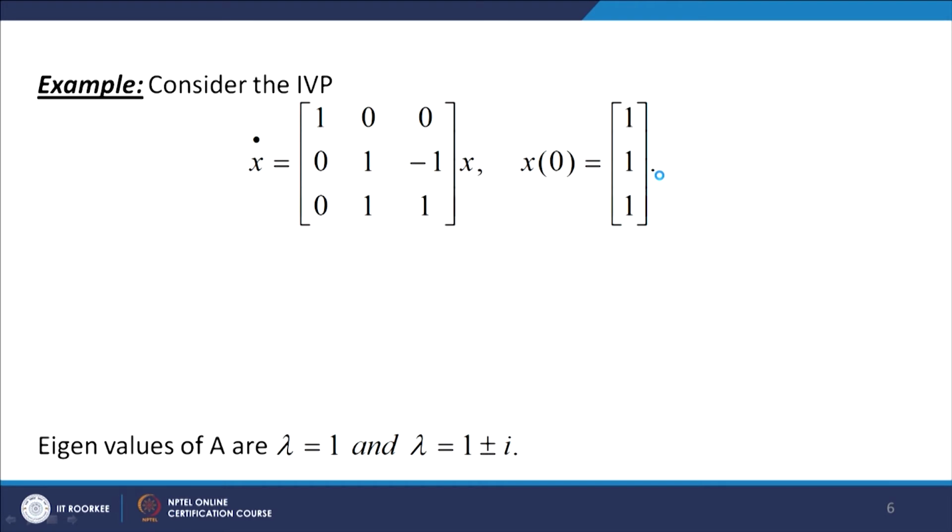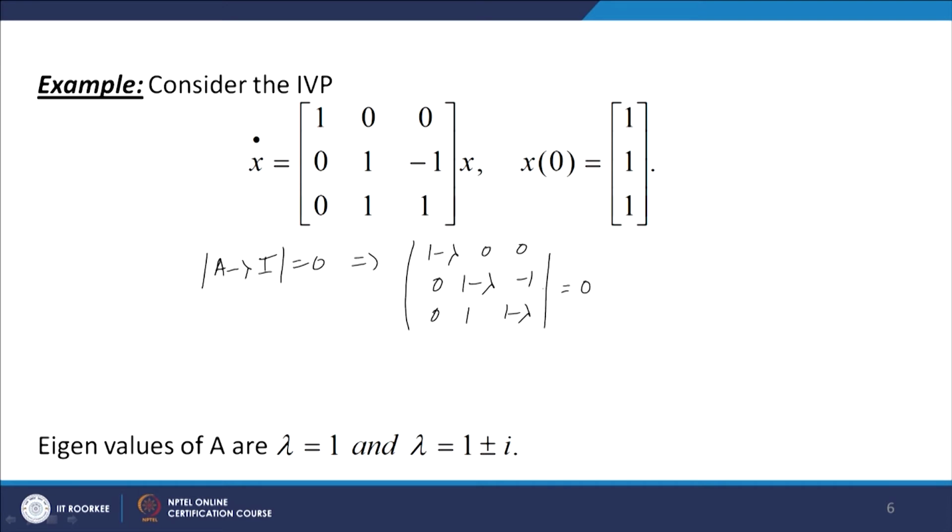Now, consider the initial value problem x dot equal to the matrix A with rows (1 0 0), (0 1 minus 1), (0 1 1) times x, with x(0) equal to (1 1 1). So, eigenvalues of A are found by solving the determinant of A minus lambda I equal to 0, that is you have the matrix with rows (1 minus lambda, 0, 0), (0, 1 minus lambda, minus 1), (0, 1, 1 minus lambda).